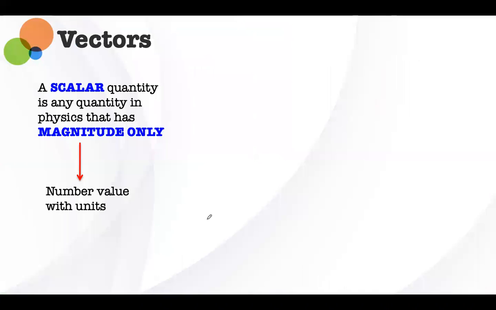So a scalar quantity is any quantity in physics that has magnitude only. So the number value, right? If you're looking at temperature, you would only have 10 degrees Celsius. So 10 is the number value, with the unit degrees Celsius.